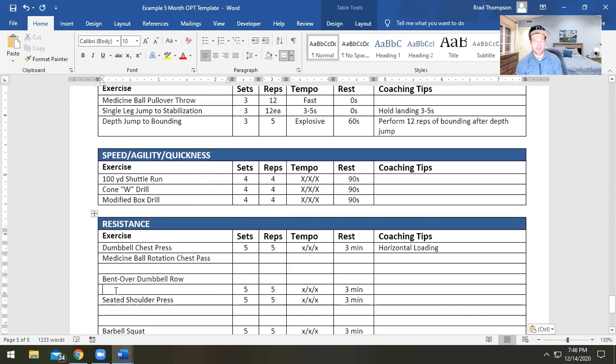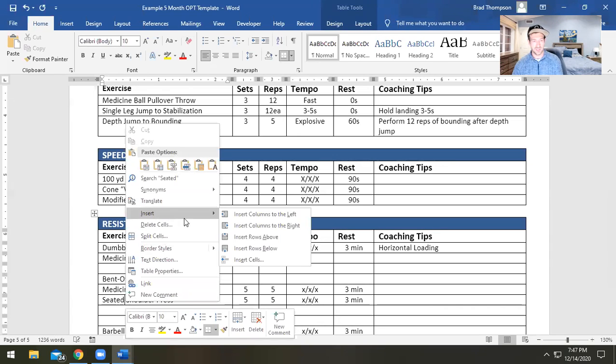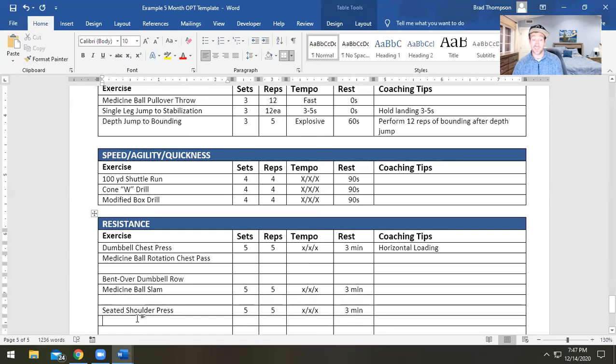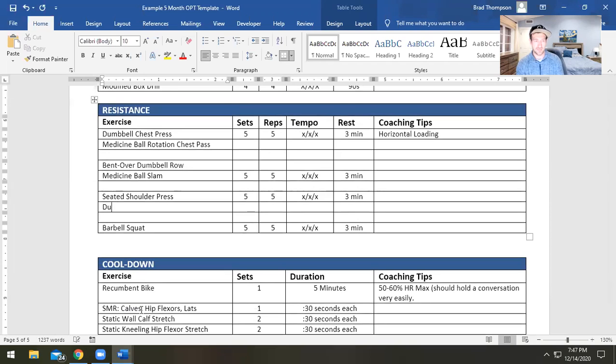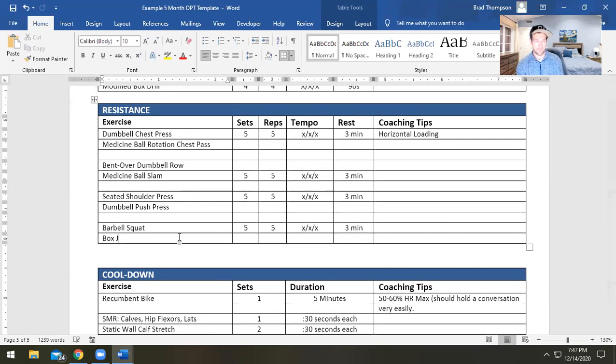We'll pair that with a medicine ball slam. So medicine ball, like slam onto the ground. That's going to be great for the upper back. Seated shoulder press into a dumbbell push press, barbell squat into a box jump. All right, superset.